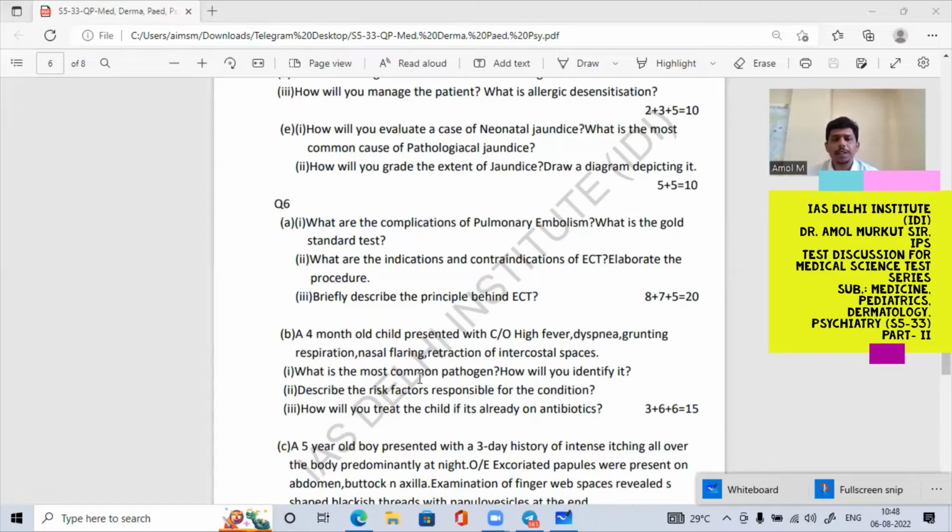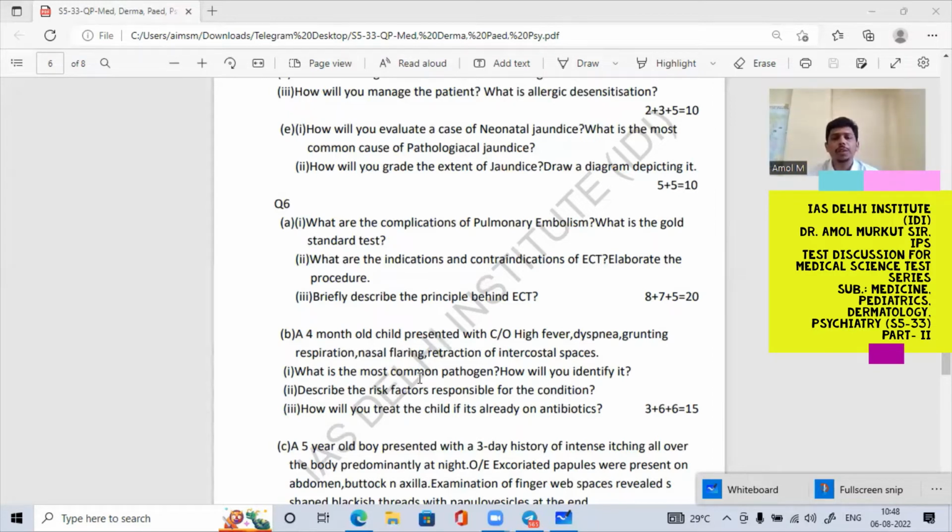How will you treat the child if it's already on antibiotics? See, this is a case of severe pneumonia. So if the child is already on antibiotics, we have to check which antibiotics he is on, and send the blood sample for checking which pathogen is causing pneumonia in this child.